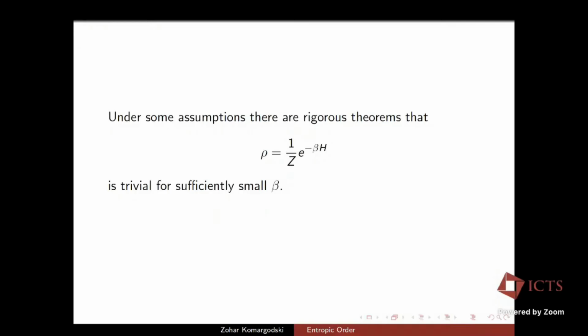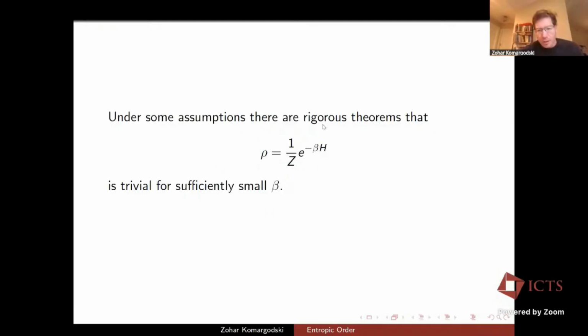Let me just now review some work that mathematicians have done about half a century ago, and also more recently in the quantum context, which essentially proves that at high enough temperatures there cannot be order. Oh, I was able to turn on the video miraculously. So that essentially proves that there is no order at high enough temperatures.